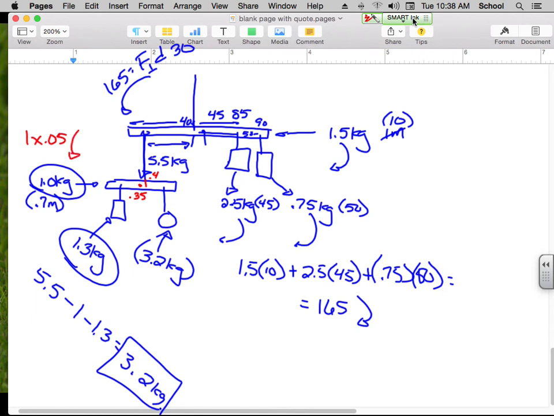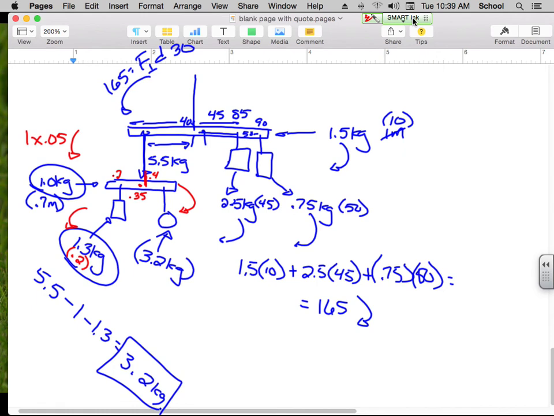this one set at, say, I don't know, 0.2. So if this is at 0.2 and the pivot point is at 0.4, then that's a change of 0.2. So we're going to have 1.3 times 0.2, and this one will also be counterclockwise, and so this puppy must be clockwise, right?